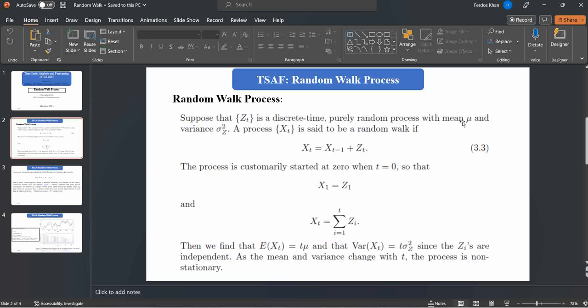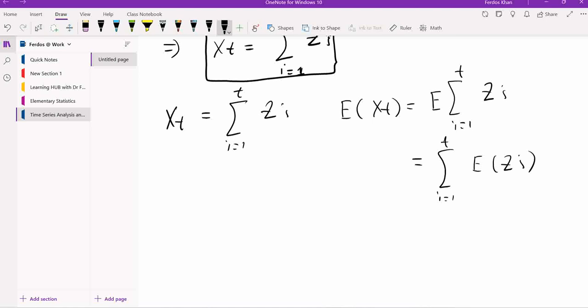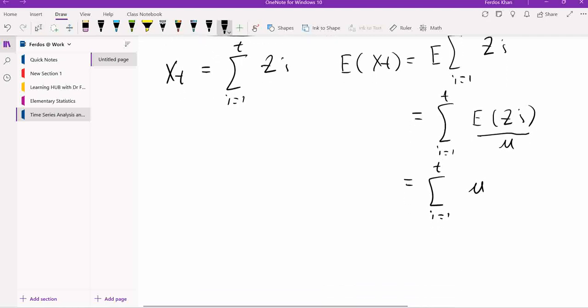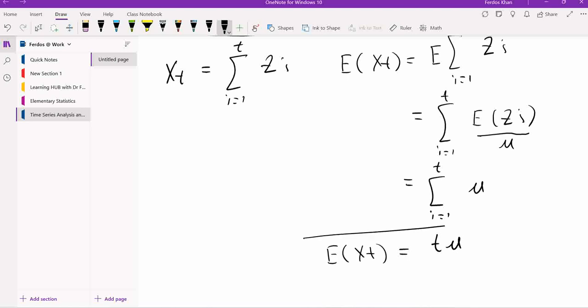Random process with mean mu and variance sigma square z. So each zi has a mean mu. So the sum from i equal to 1 to t of mu, because we already know this. You are summing this mu t times, so this is equal to t mu. E of xt equal to t mu, which is one of the properties of this process.